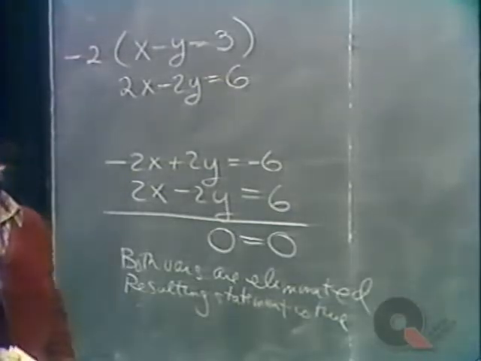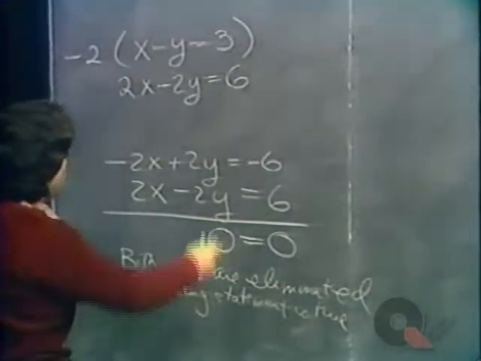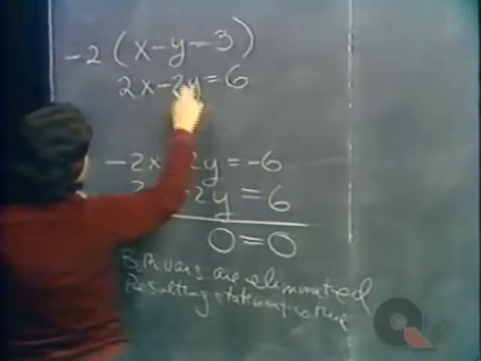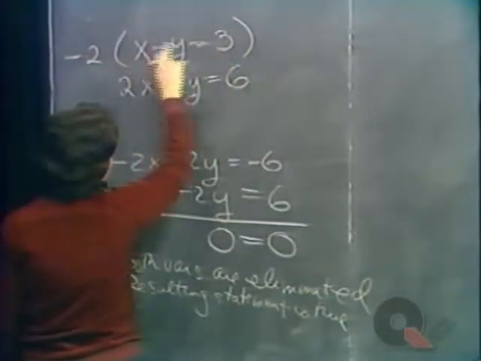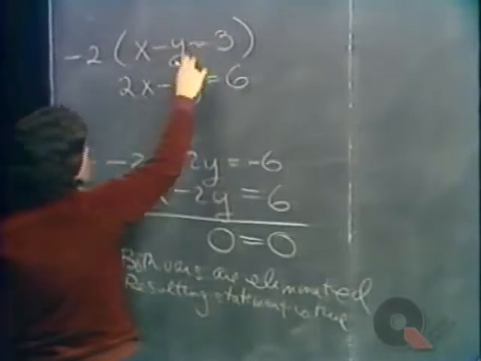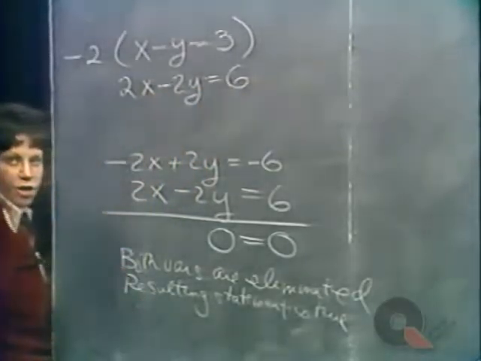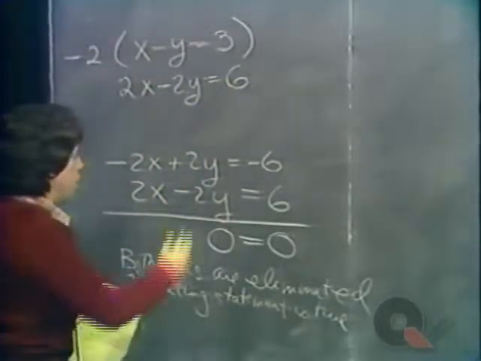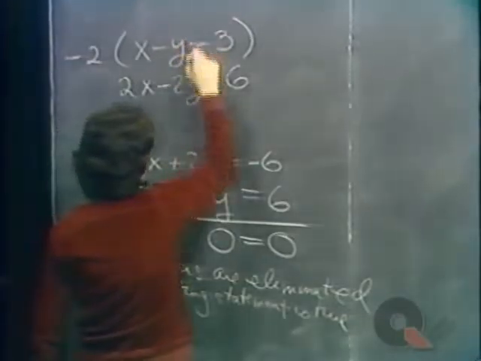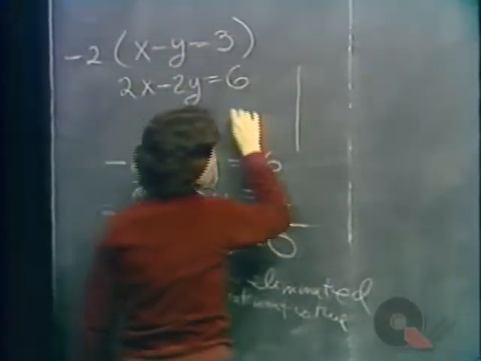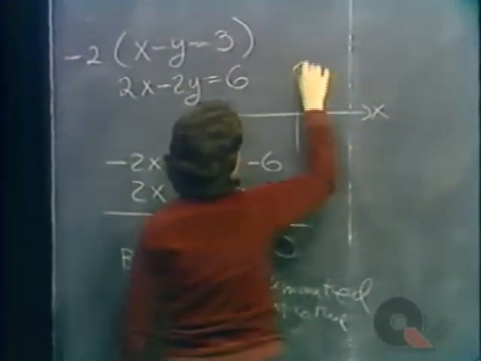These lines really coincide. If you look for a moment, you will notice if you had multiplied both sides of the original equation by 2, you would have gotten 2x minus 2y equals 6, which is precisely the same equation that you have here. Both of these equations, if you graph them, would produce the following line.